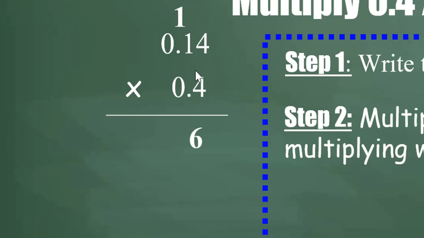Then 4 times 1 is equal to 4, plus 1 is equal to 5. Then 4 times 0 is equal to 0. And then count the decimal places. How many decimal places do we have? Let us count. 1, 2, 3. So we must move 3 decimal places to the left.